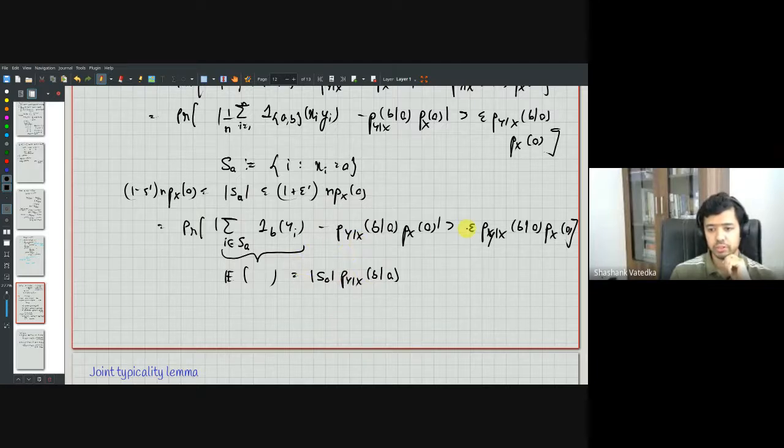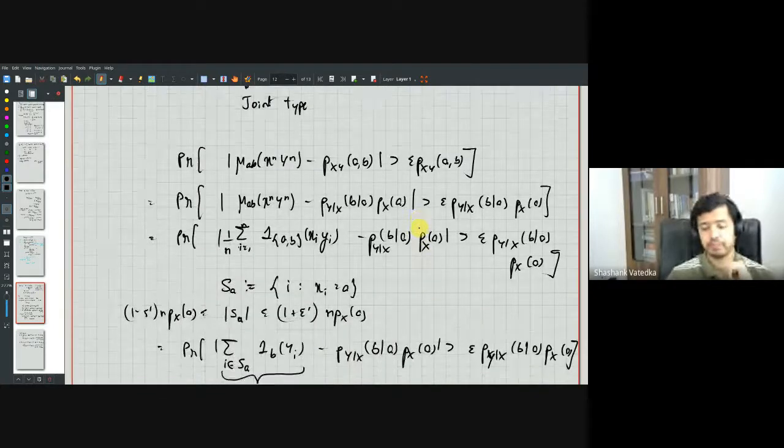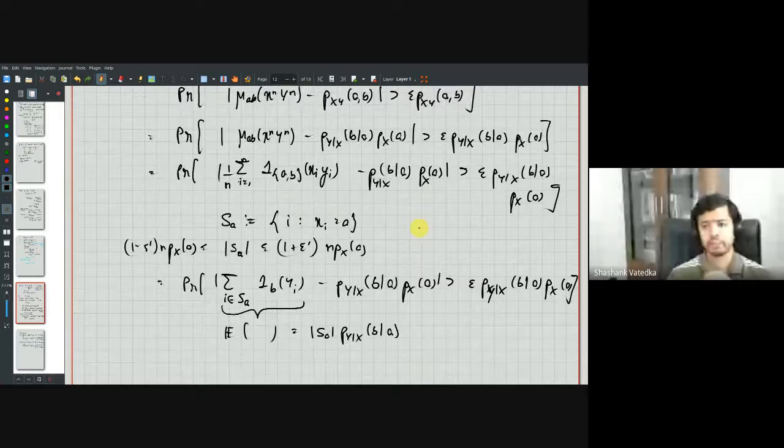So we just use the Chernoff bound, and now you'll have both epsilon and epsilon prime, and some simplification is enough to show that this probability of error in fact decays exponentially as n tends to infinity. All right, so we're kind of out of time, so I'll stop at this point. You can just do the calculations yourself. It's not too hard, just a little bit of simplification is required.